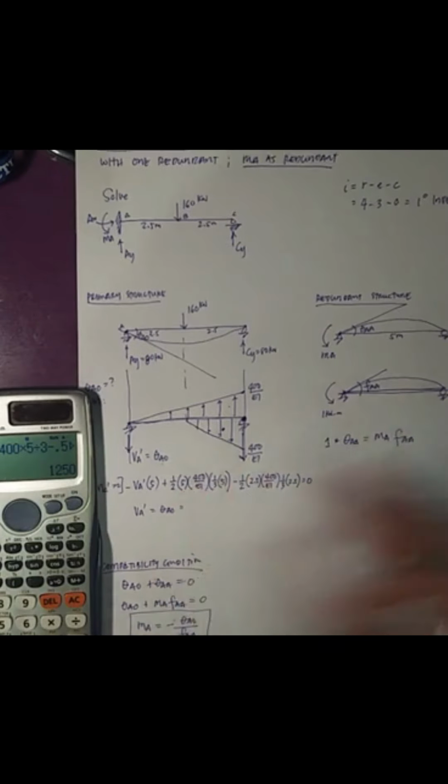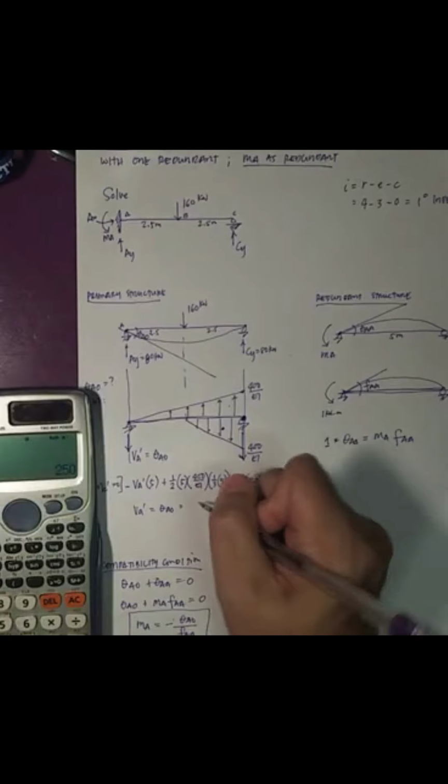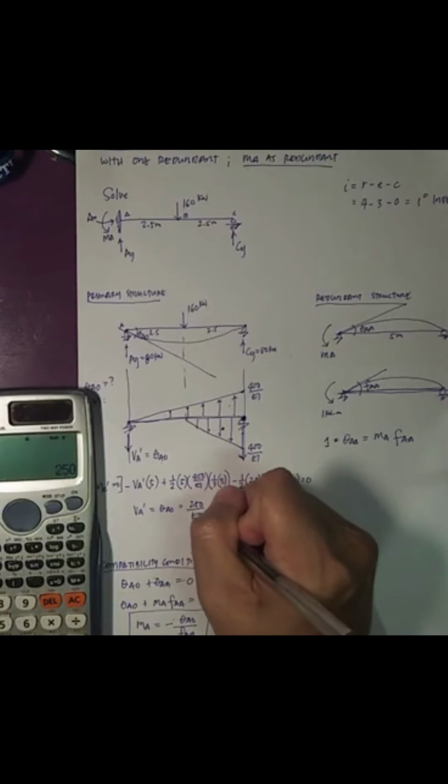Then we transfer it to the other side, divide by 5. So we got 250 over EI.